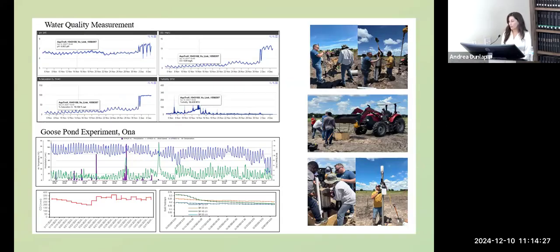Here we monitor various parameters like water quality, drainage, storage, and climate components, with the purpose of doing a water balance study and looking at the impact of different pasture management on water quality. These are some screenshots of the data that we are excited about, and I wanted to share them with you.